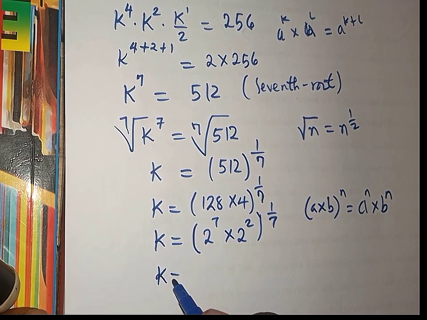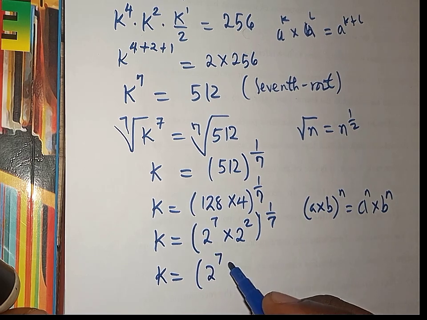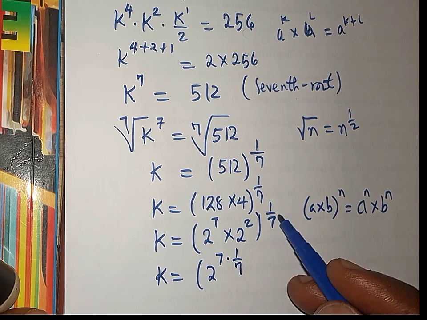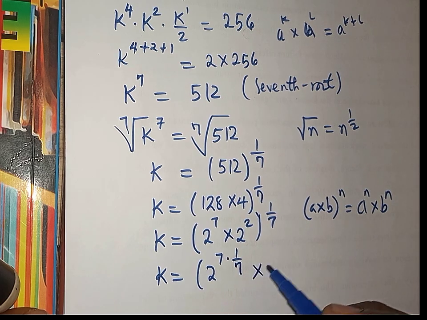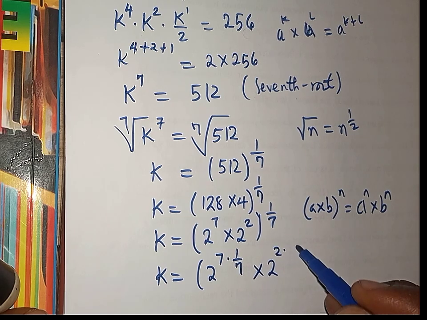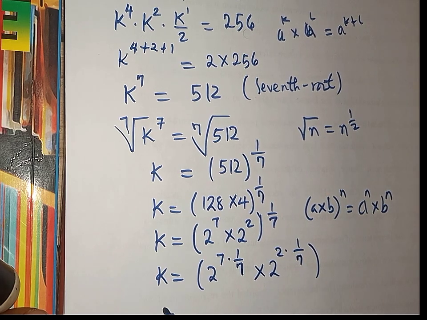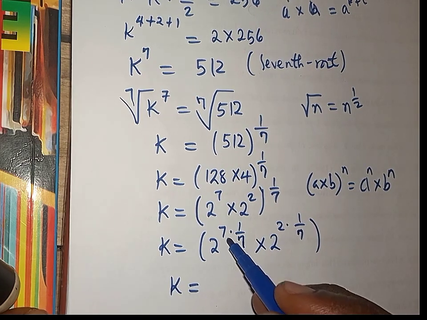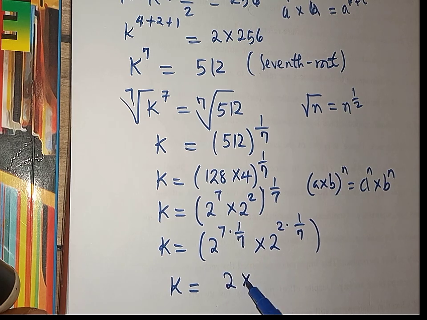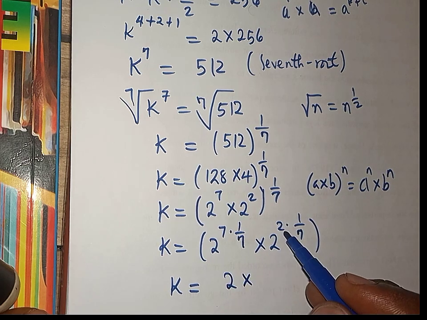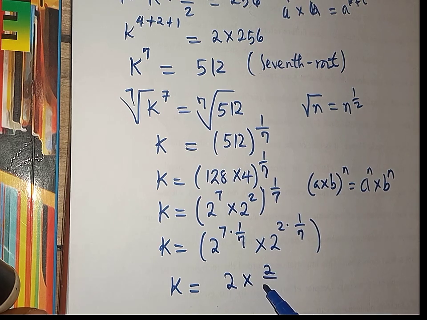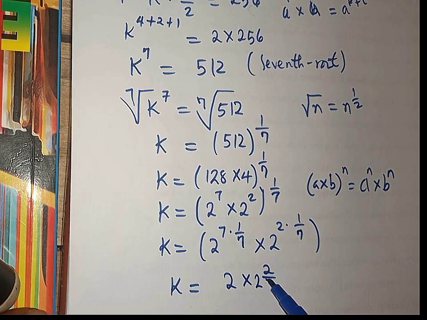Therefore we have k equals 2 to the power 7 multiplied by 1 over 7, the power outside, multiplied by 2 to the power 2 multiplied by 1 over 7. So now from there, this 7 cancels this 7, we have 2 multiplied by 2 raised to the power 2 over 7.